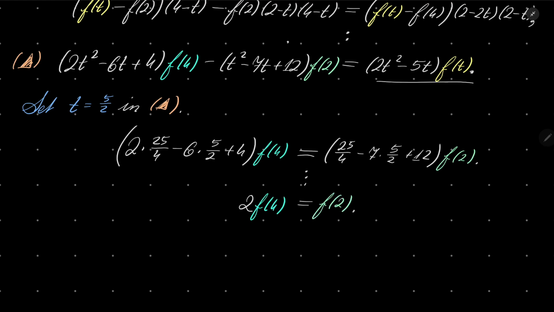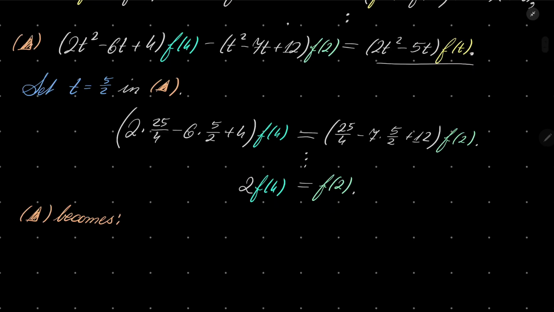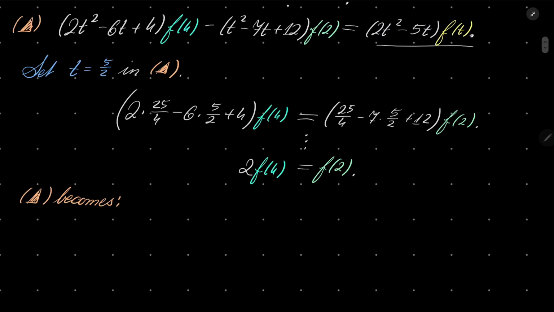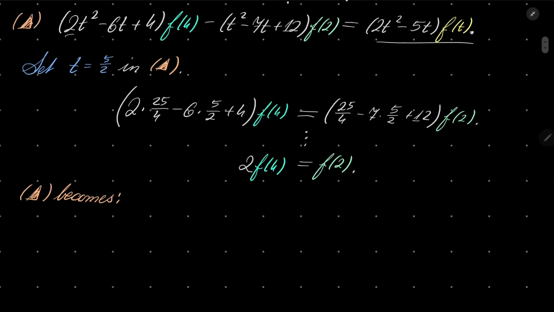Great. And now let's use this result and let's set it back into our condition triangle. So triangle becomes, well, notice that here we have 2 times f(4). Here we can factor out basically.